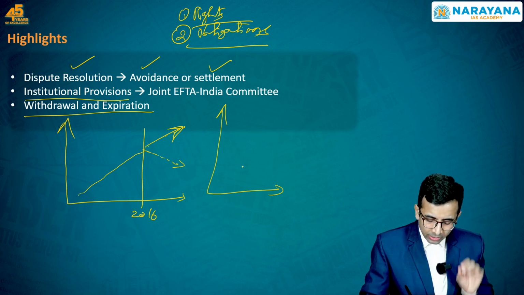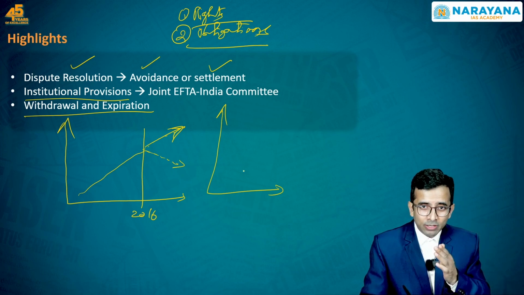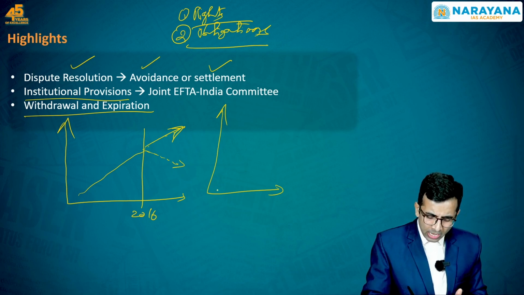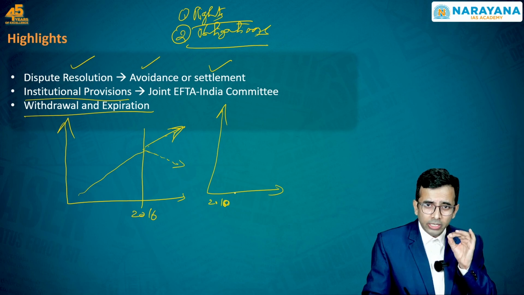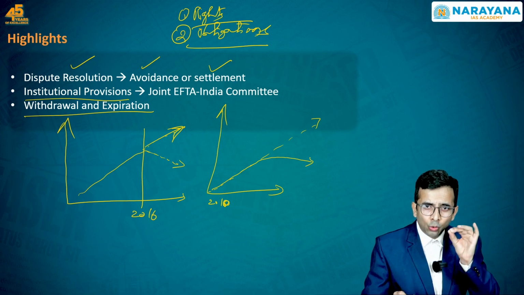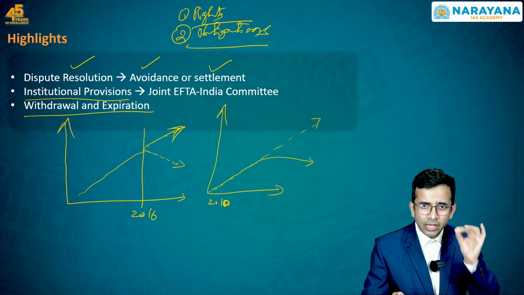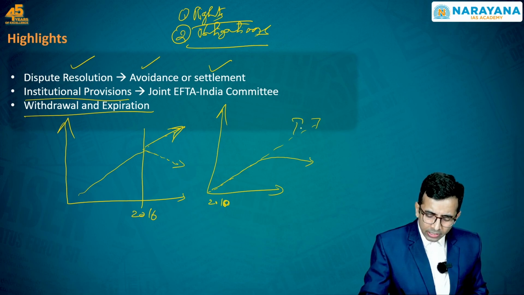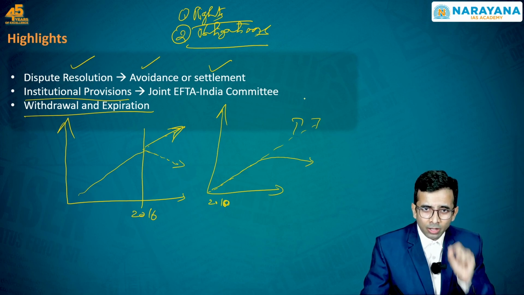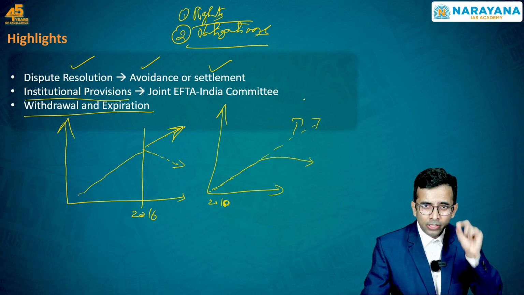If you look at this so-called hyper phase of globalization since 1992, particularly with respect to India, this is true since 2010. You would see that free trade has led to higher and higher growth rates for the Indian economy. This dotted line showcases free trade serving the Indian GDP growth rates.